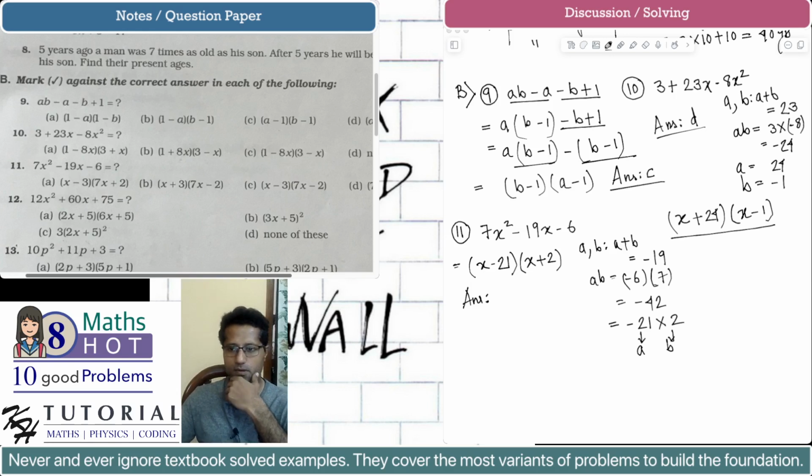Is there any other value of A and B other than minus 21 and 2 such that their sum will be minus 19 and their product will be minus 42? Because the product of x minus 21 and x plus 2, this factorization is not given as a choice in the given problem.